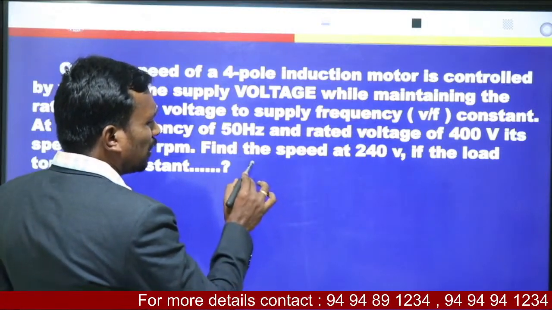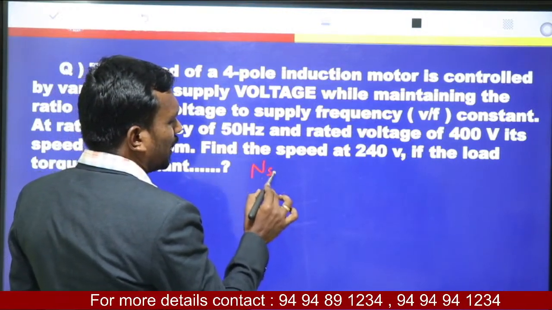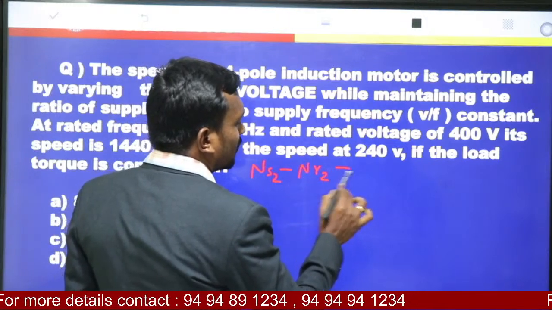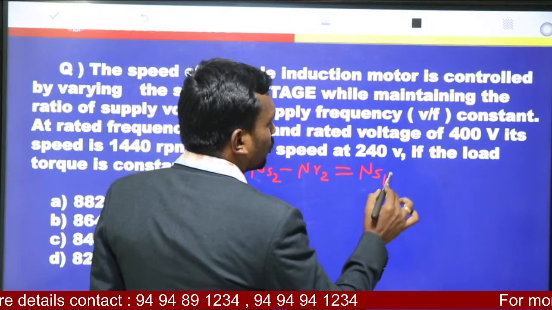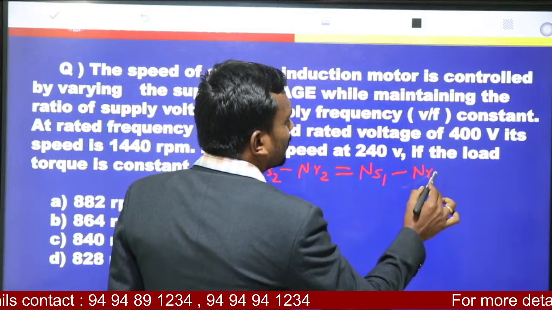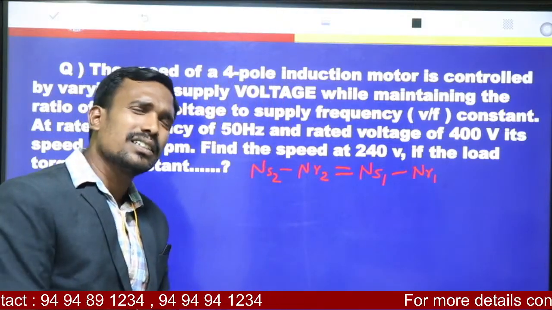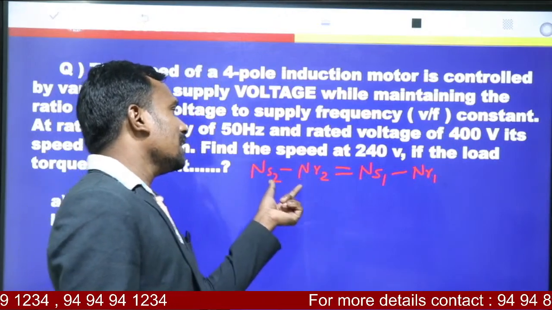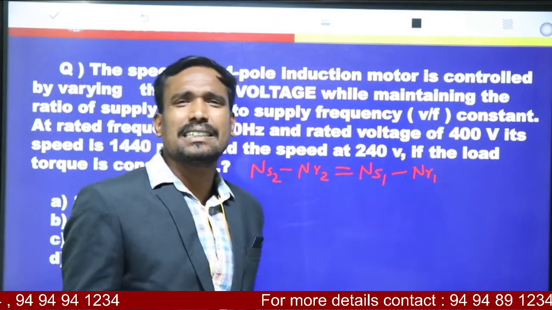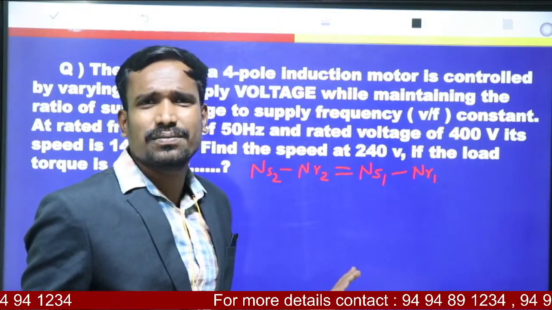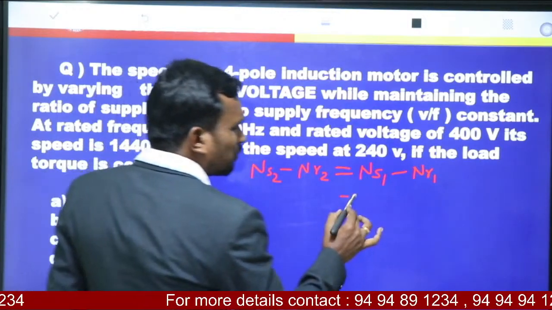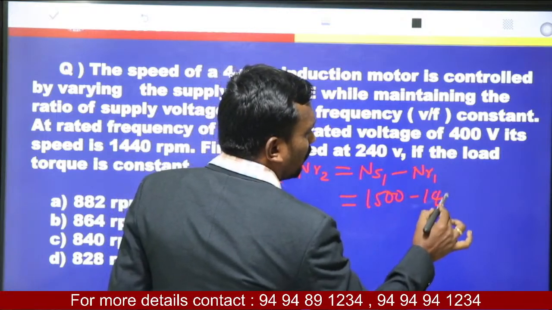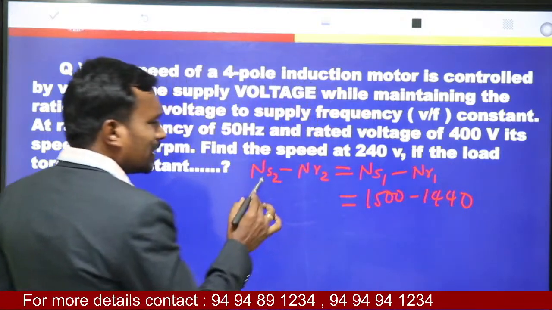Very simple. The slip speeds are constant. If the V by F ratio is constant, then the slip speeds are constant. This is the formula. Slip speed, nothing but Ns minus Nr, is constant. NS1 is 1500, NR1 is 1440.